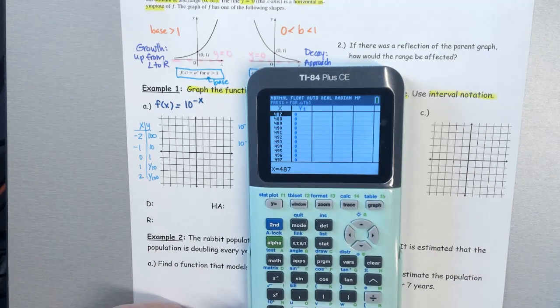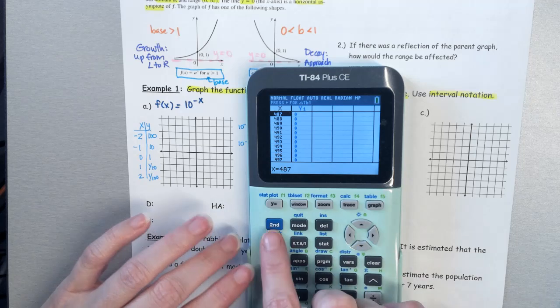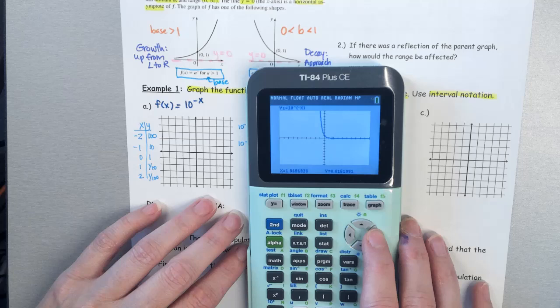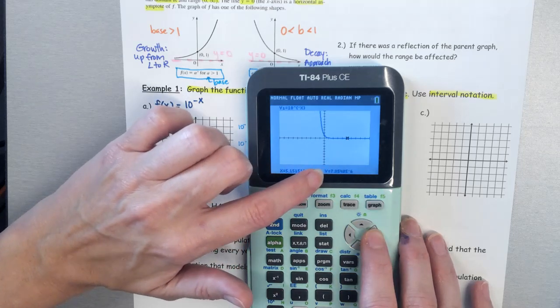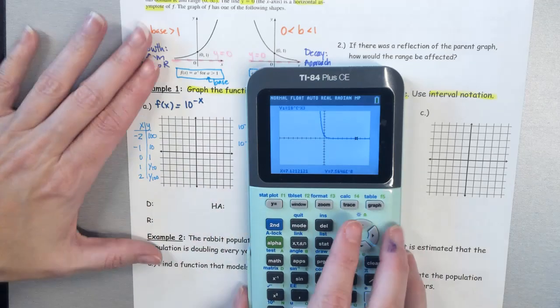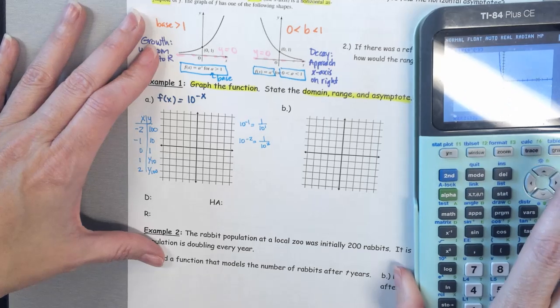Okay, will you just check that on your calculator? I wonder if all of them round it to there. You can also on your graph, if you use your trace and you just keep going, you'll see it gets closer and closer and closer to 0. Okay, and eventually they just get so close that it's going to round it.